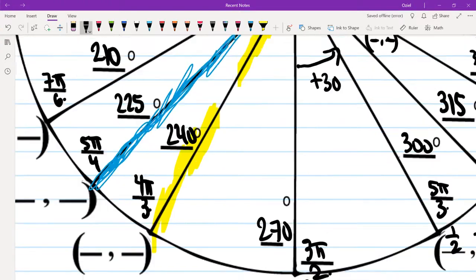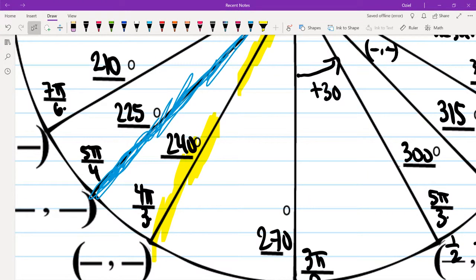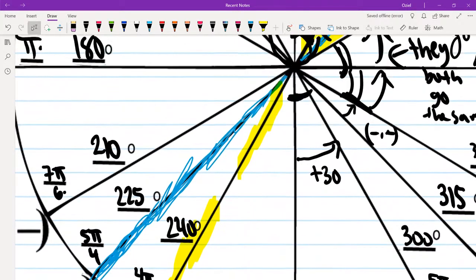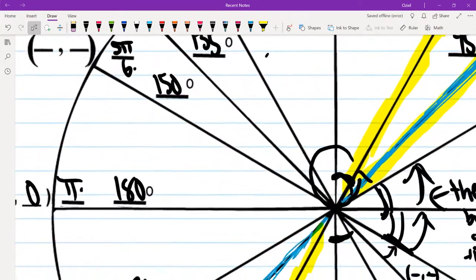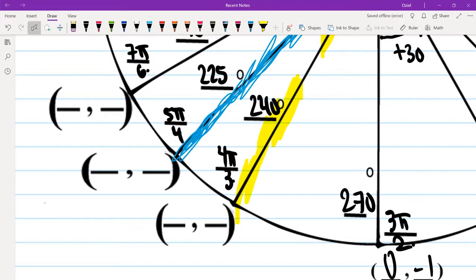So then for 4 pi over 3, it corresponds to pi over 3. So then you would have negative 1/2, negative square root of 3 over 2. And then 5 pi over 4 corresponds to pi over 4.